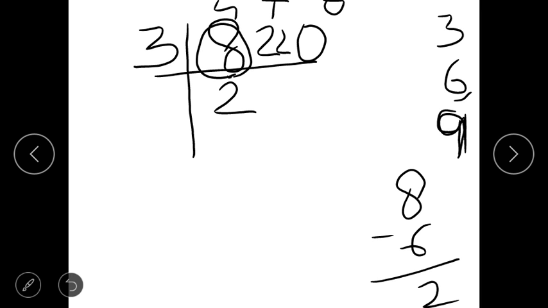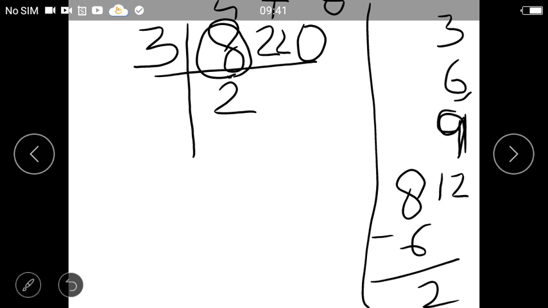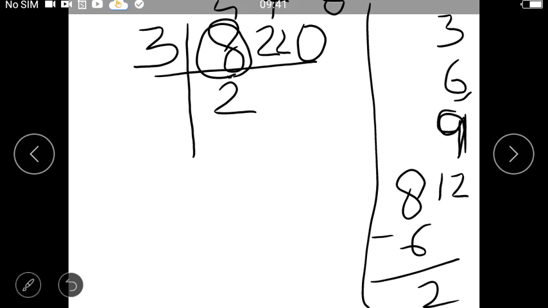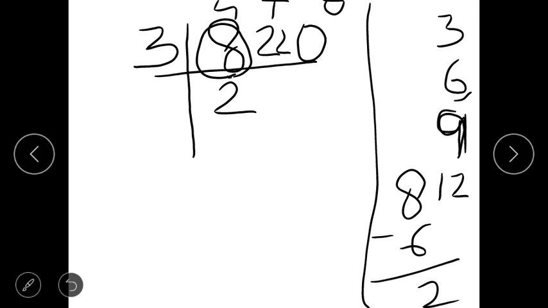So we'll write the table afterwards. 3 1s are 3, 3 2s are 6, 3 3s are 9, 3 4s are 12. This is all in rough work. Okay, don't include it with that. 3 5s are 15, 3 6s are 18, 3 7s are 21, 3 8s are 24. So 24 is more.